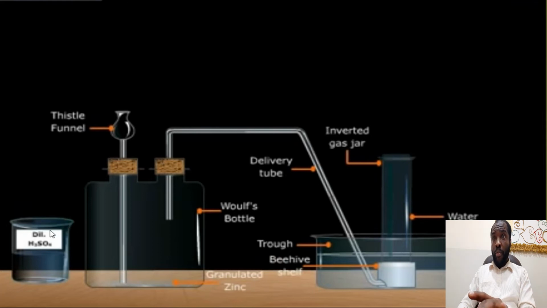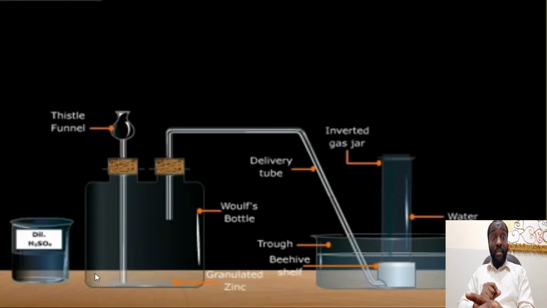Now we move to our granulated zinc. This is our granulated zinc. We're using granulated zinc and not pure zinc because pure zinc is non-porous. So granulated zinc provides an increased surface area for more reaction of what?